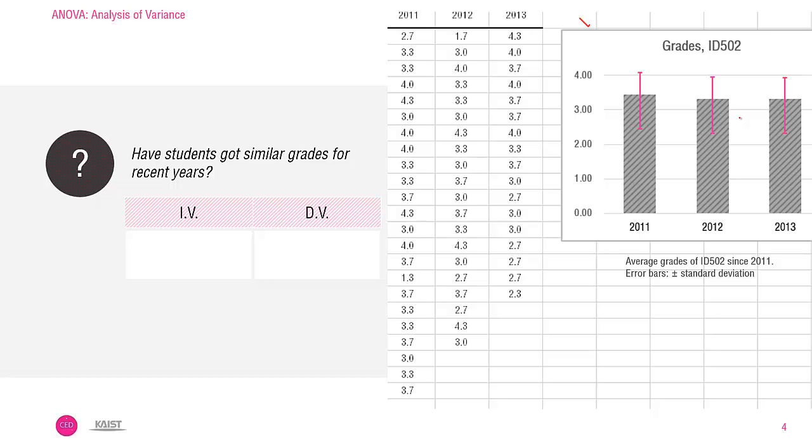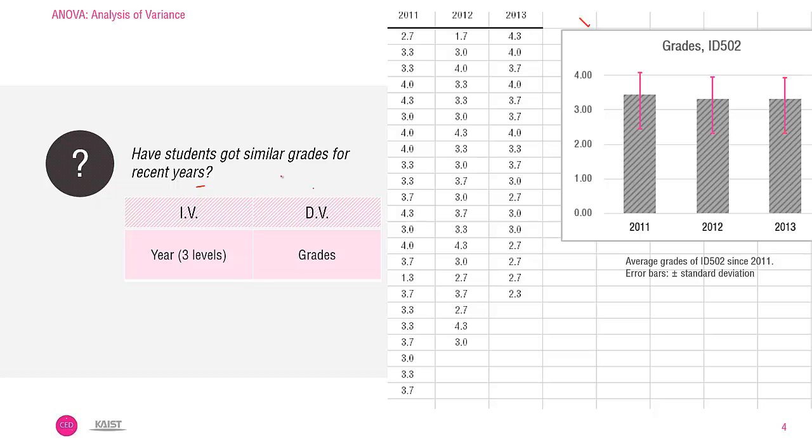Here we have one independent variable and one dependent variable. What are they? Yes, the independent variable is year, and there are 3 levels. They are, yes, 2011, 2012, and 2013.